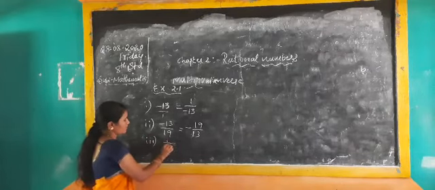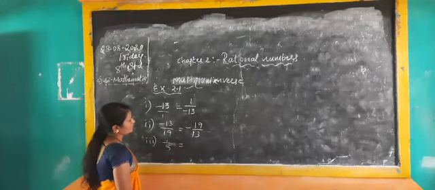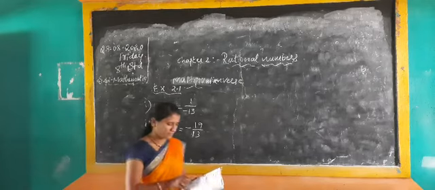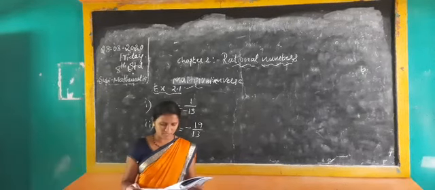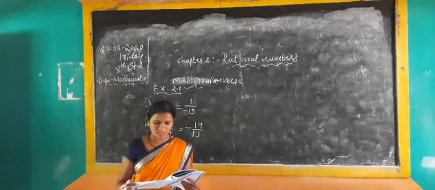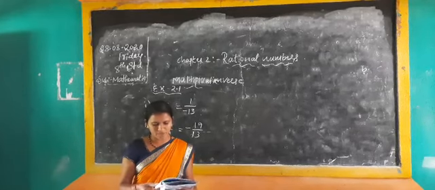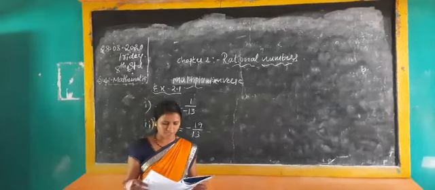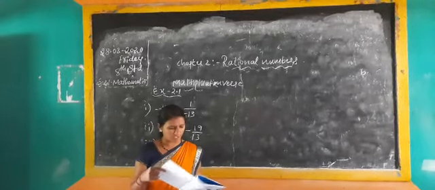Third one. 1 by 5. 1 by 5. How are you writing here? For examples also they have given, reciprocal, on page number 24: by which rational number do you multiply 8 by 21 to get product 1?